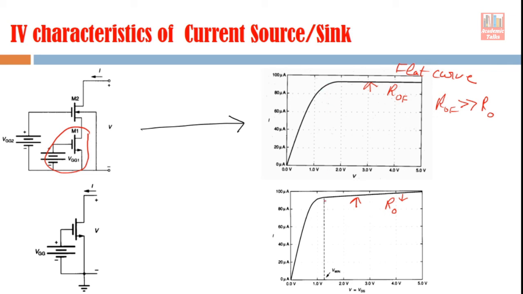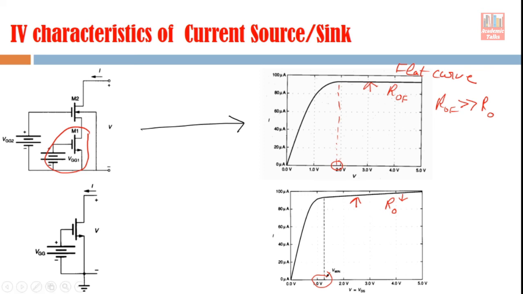Here this V minimum was near about 1 volt, but here this V minimum has shifted a little bit, right. So, if we are using this kind of feedback, then your V minimum definitely is moving up, right. You see there is a shift in the V minimum. Well, definitely this is a disadvantage.